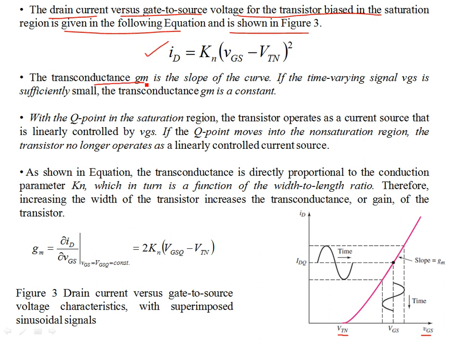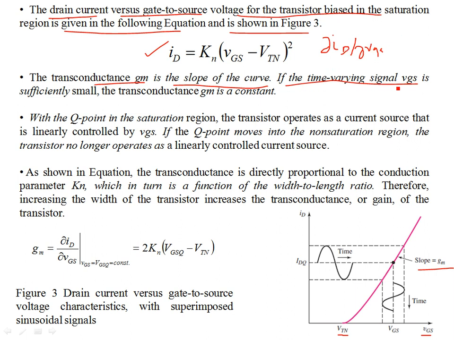So the transconductance gm is the slope of the curve, since this is an instantaneous current, with respect to VGS. This slope is your transconductance gain gm, in amps per volt.